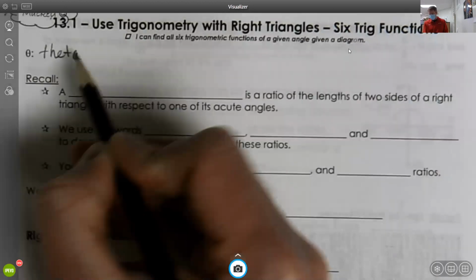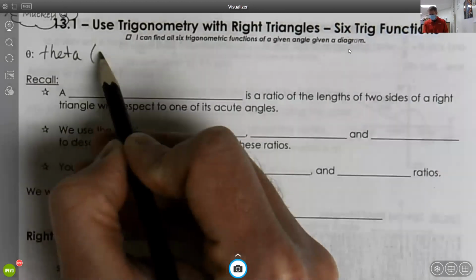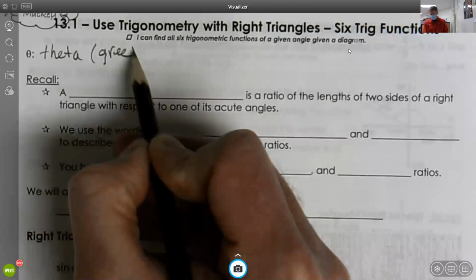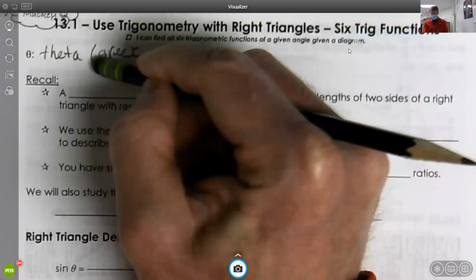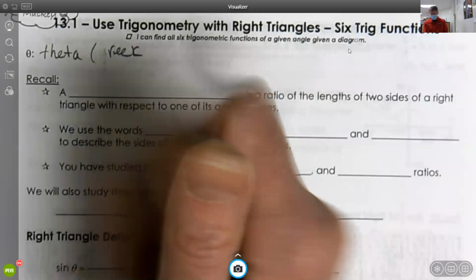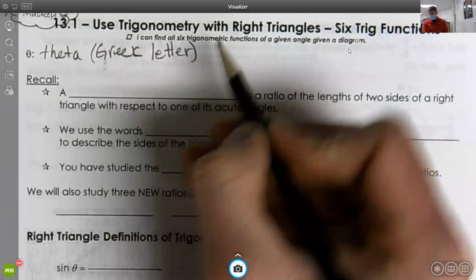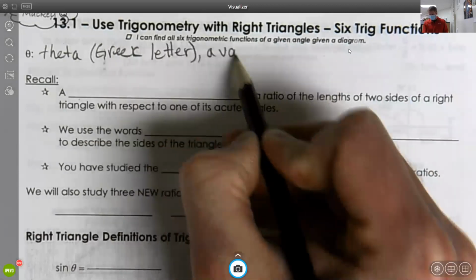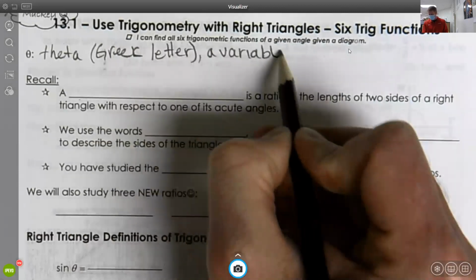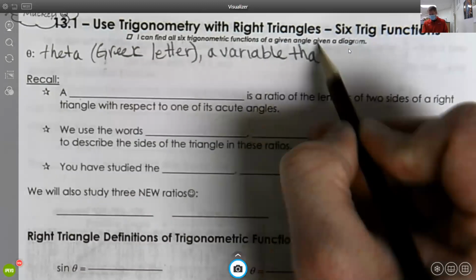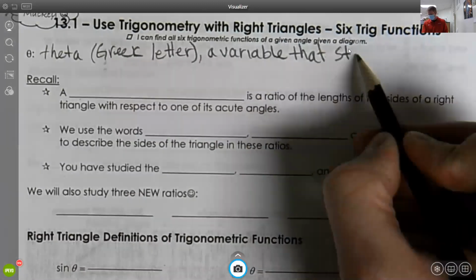Theta is a Greek letter, and it's a variable that stands for an angle.